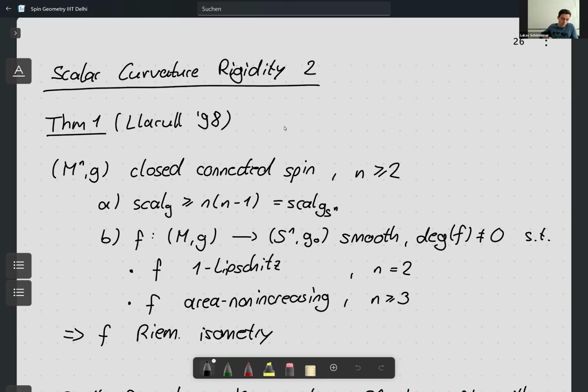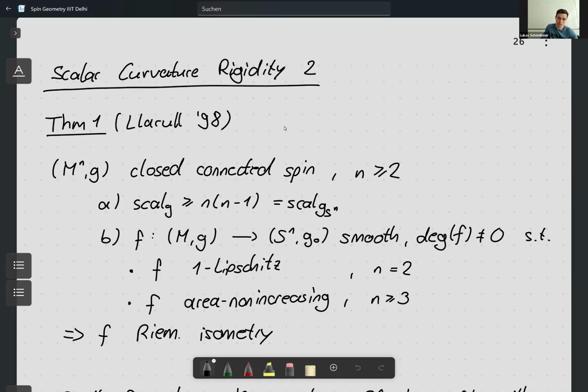Then we have scalar curvature that is bounded below by the scalar curvature of the n-sphere with respect to the round metric. And we also have this comparison map F, which is supposed to be smooth and has to be non-trivial in some sense. So this is this degree condition on F.